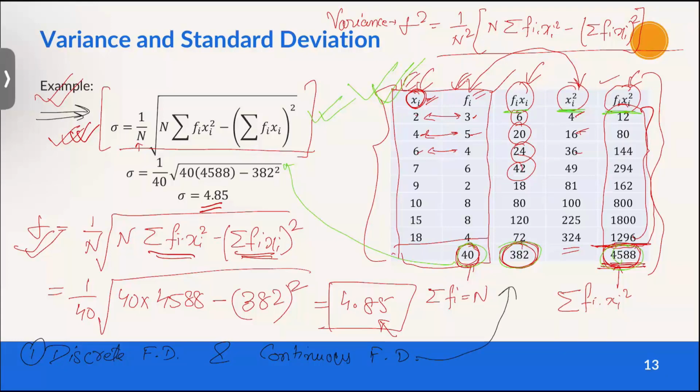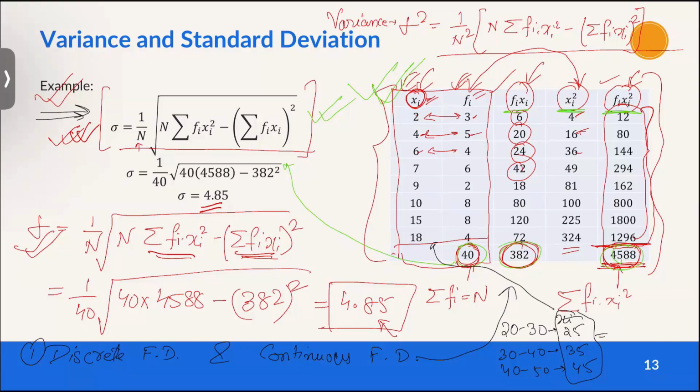You see, in continuous frequency distribution, you will have a range 20 to 30, 30 to 40, 40 to 50, and so on. So again, for xi, you take the midpoint, which is 25. Here the midpoint will be 35. Here the midpoint will be 45. And this xi you take here.